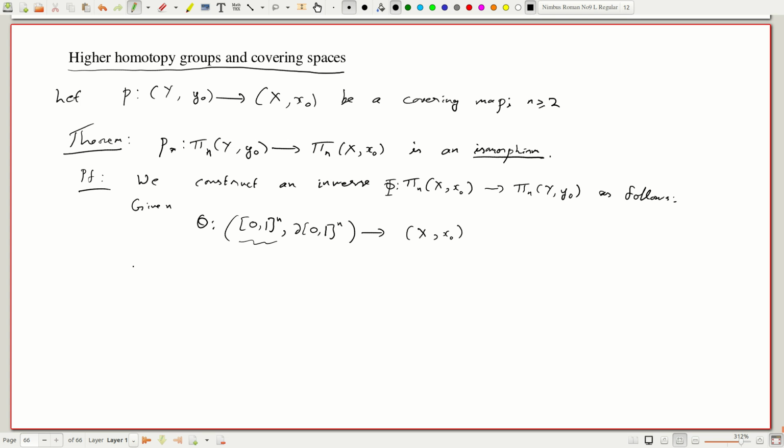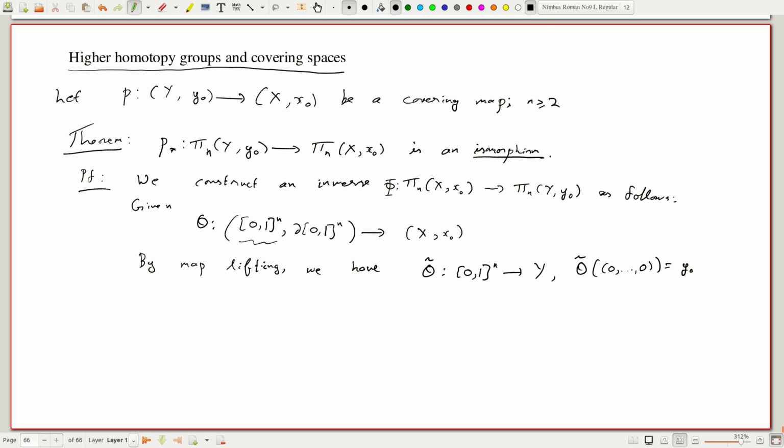Okay, so by map lifting, we have theta tilde, which maps [0,1]^n to Y. What do we know further? We know theta tilde of 0, the first base point, is going to be equal to y0.